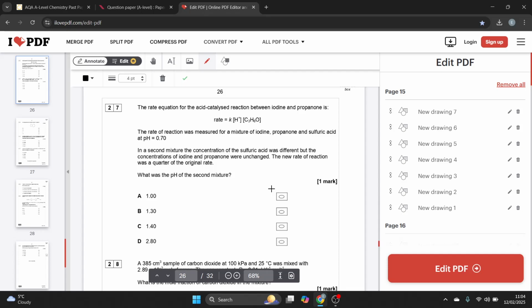Then it says in the second mixture, the concentration of the sulfuric acid was different, but the concentrations of iodine and propanone were unchanged. The new rate of reaction was a quarter of the original rate. What was the pH of the second mixture?